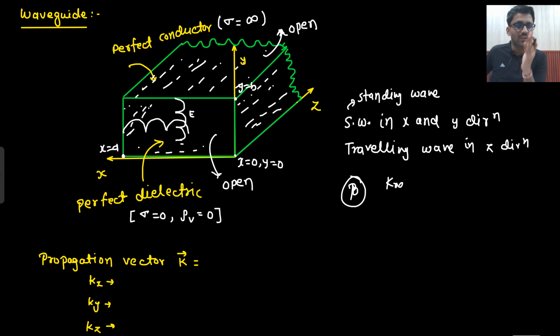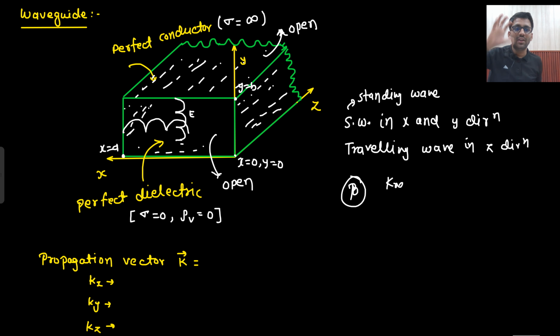It is not traveling in the x direction. It tried to travel, but eventually it became a standing wave. It tried to travel in the y direction, but eventually it became a standing wave. But certainly the wave once traveled, right? Certainly there is a wave. In the x direction there is a wave, in the y direction there is a wave, in the z direction there is a wave. In x and y the wave is a standing wave, and in z the wave is a traveling wave.